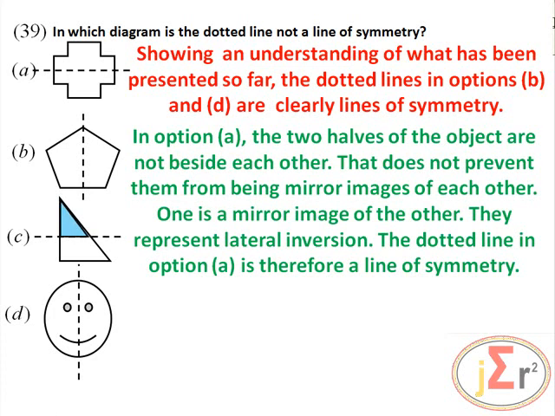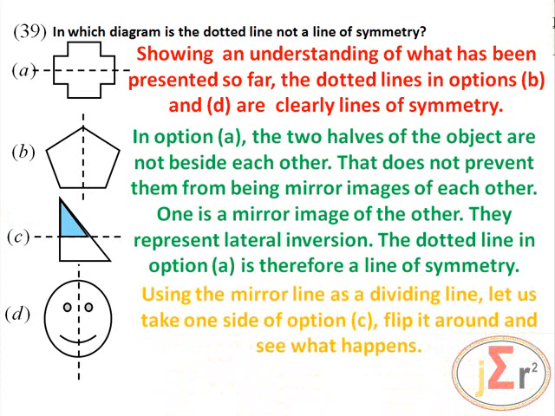So let us look at one of the triangles on one side of that line. Using the mirror line as a dividing line, let us take one side of option C, flip it around and see what happens. So this is our division line in option C. We are going to take this and flip it over and see what happens.